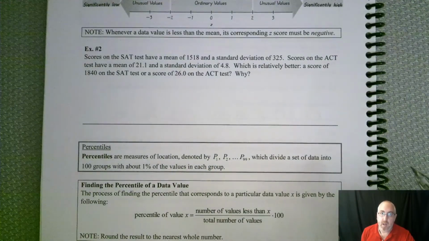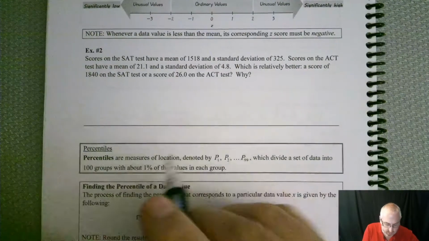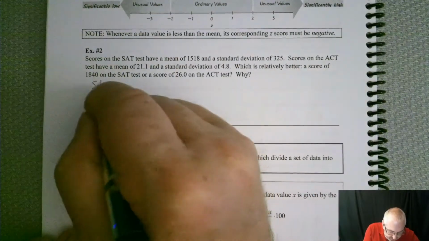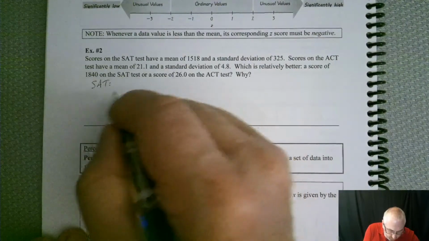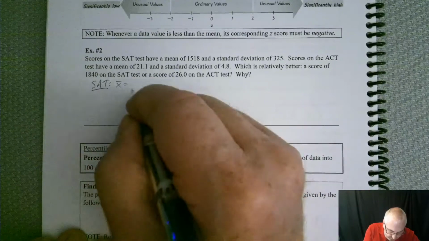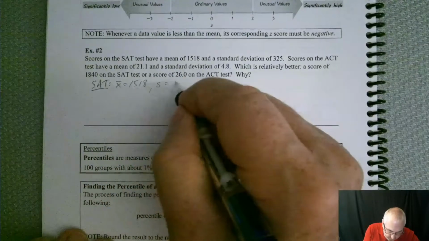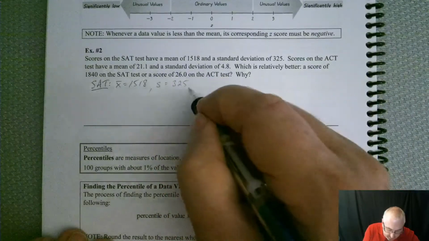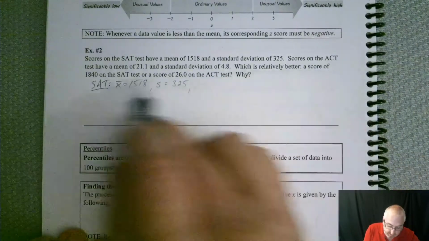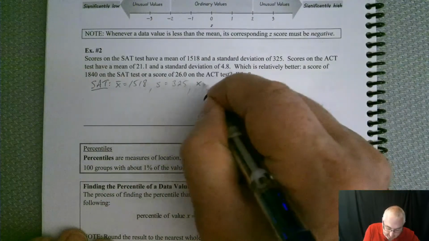Well, let's try to summarize our information, and then we'll go from there. So we have our SAT stuff, which shows we have a mean of 1518, standard deviation of 325, and they want us to look at a value of 1840. So that is our value of x.